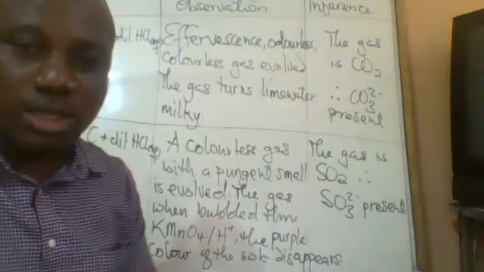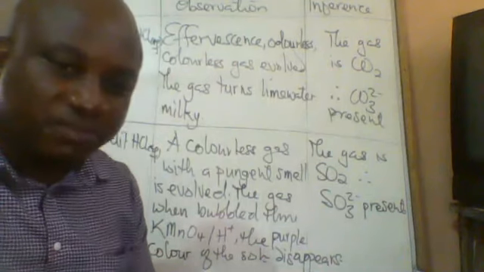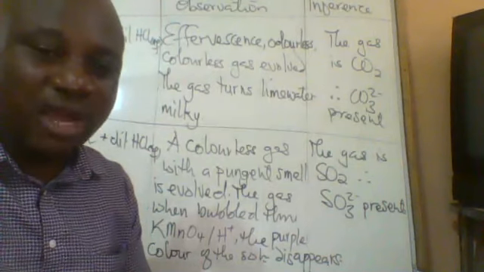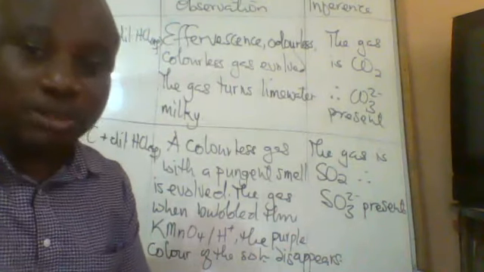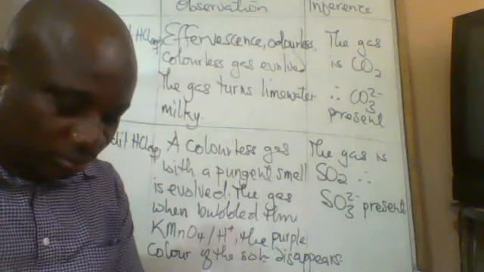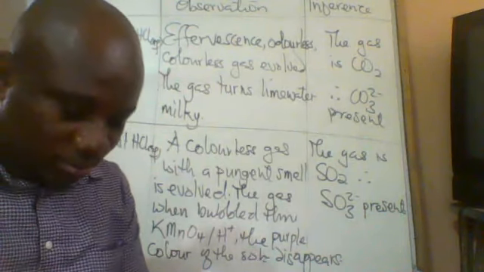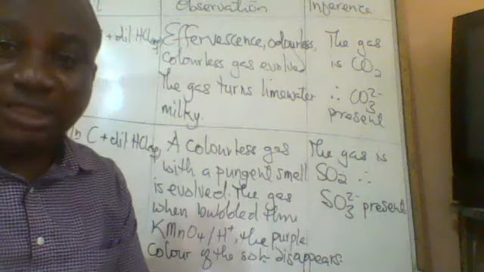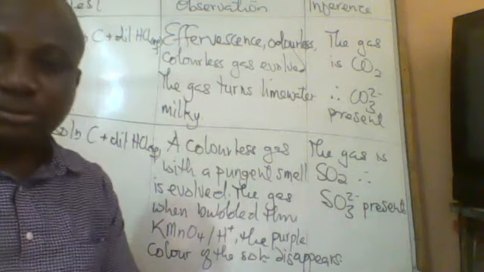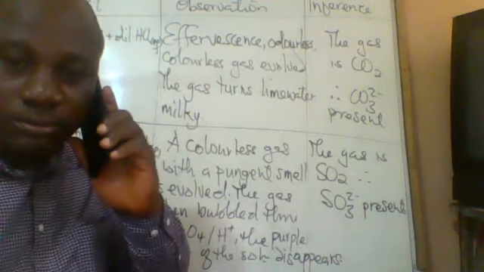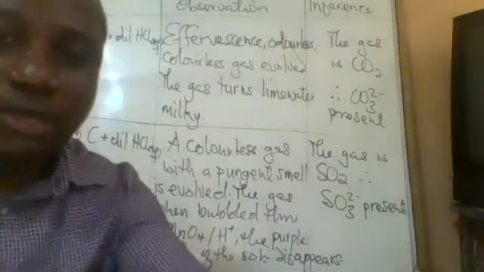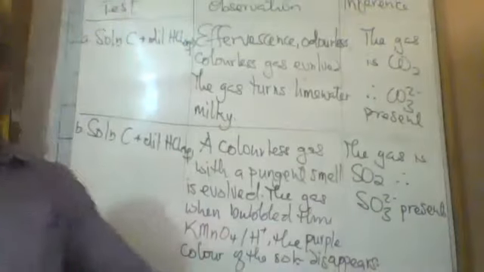Now, what will happen if the gas is bubbled through acidified potassium dichromate solution?